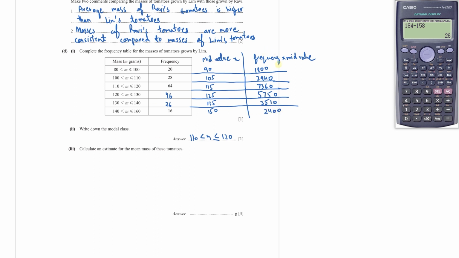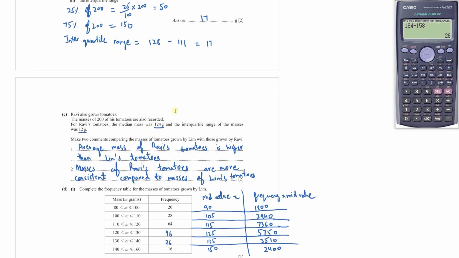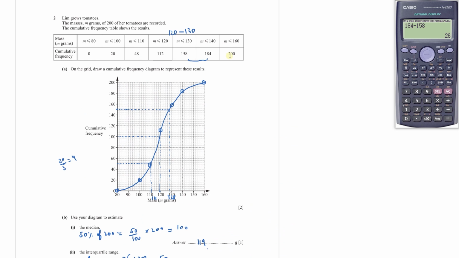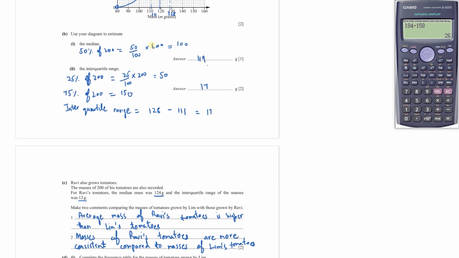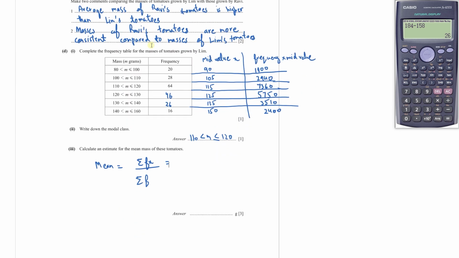So now your mean here will be sigma fx, the sum of all these products, divided by the sum of all these frequencies. We already know that the sum of all these frequencies is 200 because the final value of the cumulative frequency is 200. We are given that the masses were for 200 tomatoes.